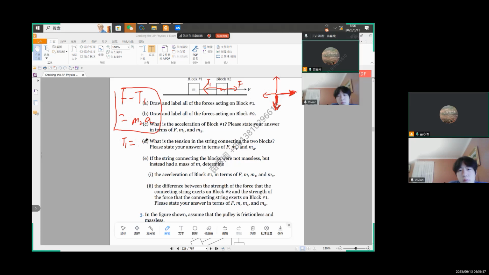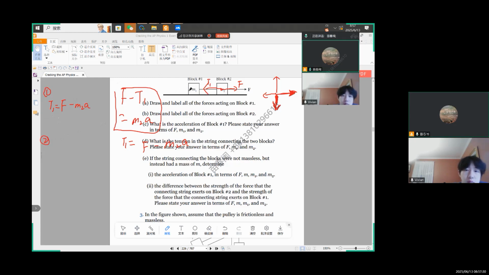T1 is F minus M2 a, right? I'm going to write a all the time and substitute a in the end, because that's easier. This is from situation 1 for block 2. And in the same spirit, this is situation 2 for block 1.